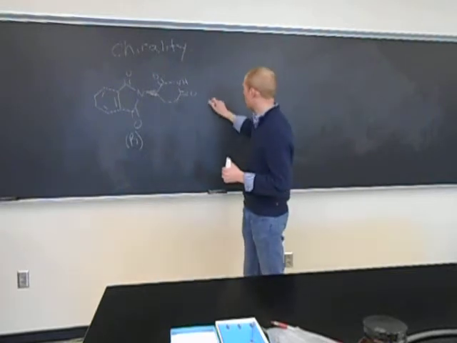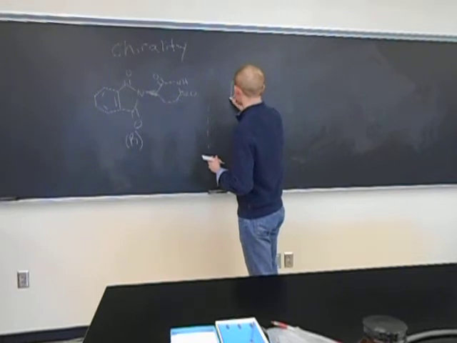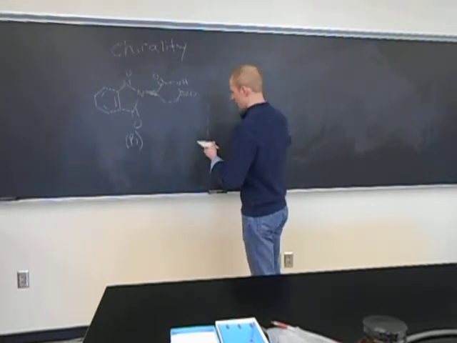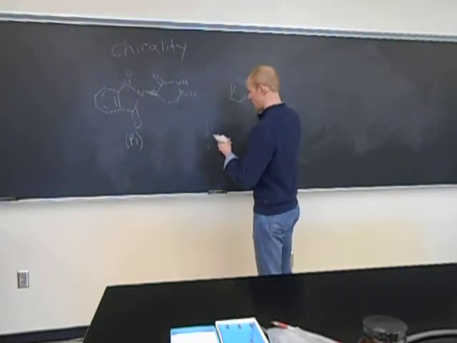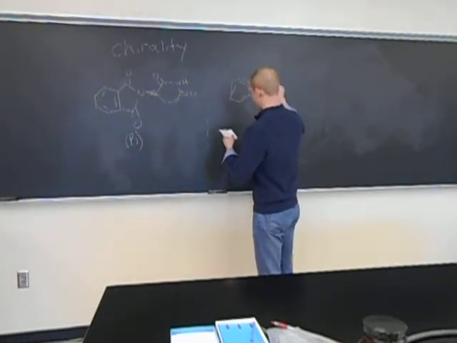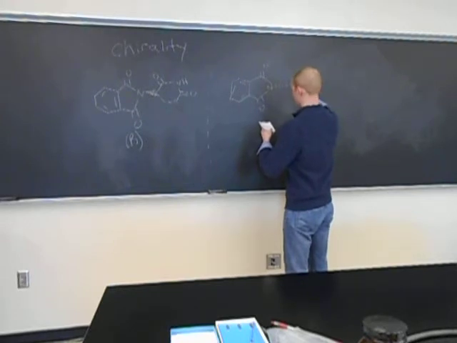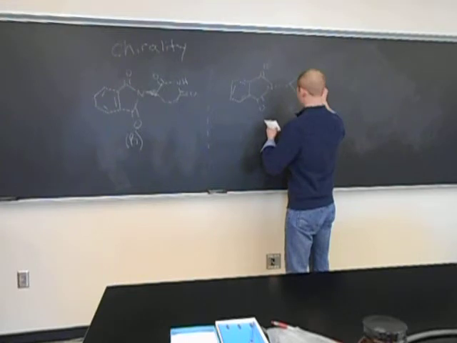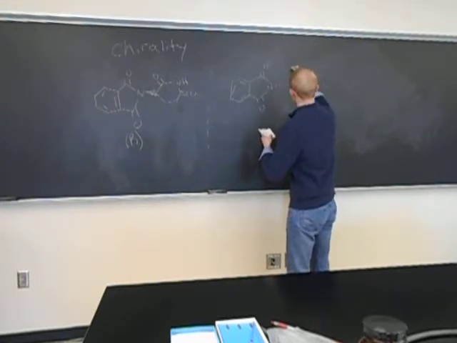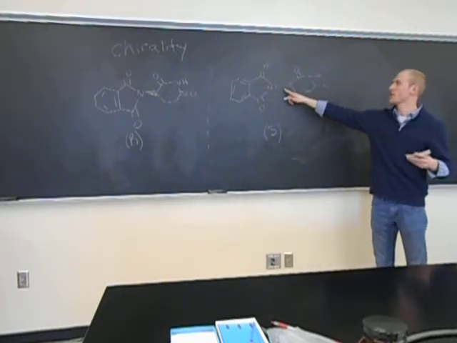But if we were to flip this across the plane as we've done before, you get another resulting image. As you can see, this is the S arrangement from this chiral center.